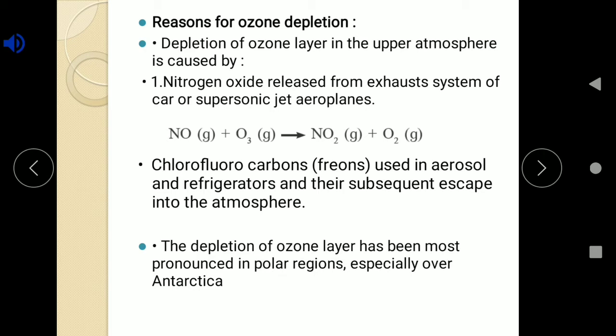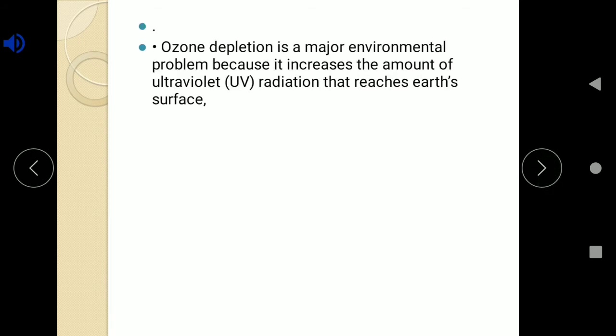This depletion of the ozone layer is most prominent in Antarctic regions or polar regions. It is more in quantity there in the polar regions.